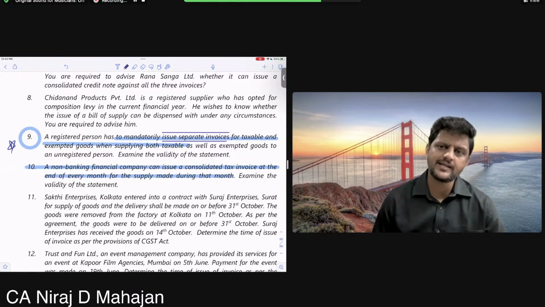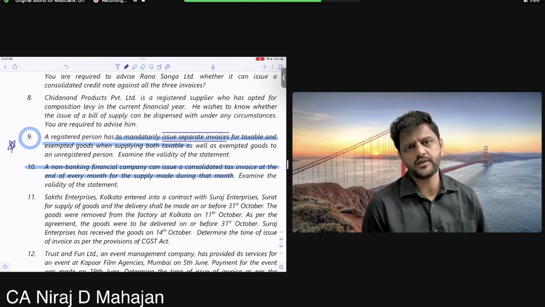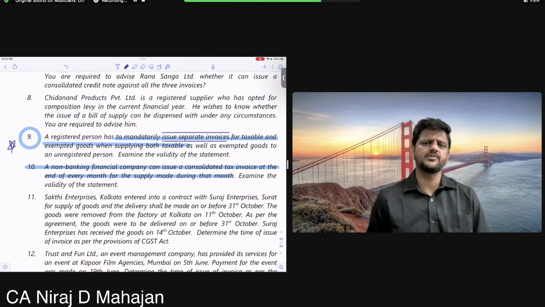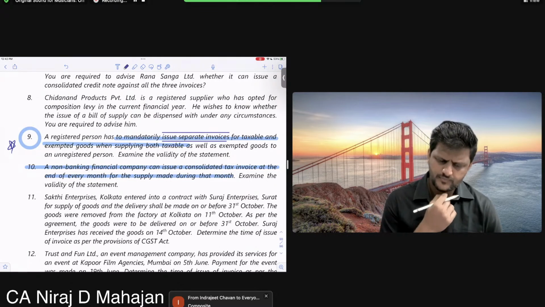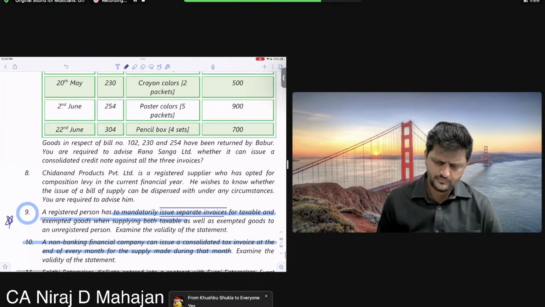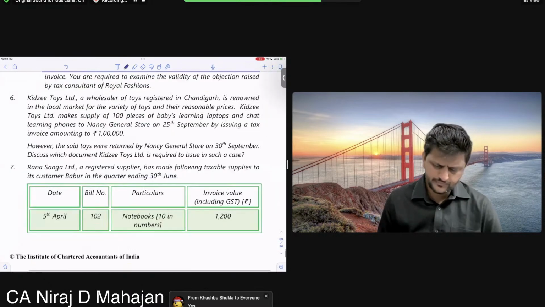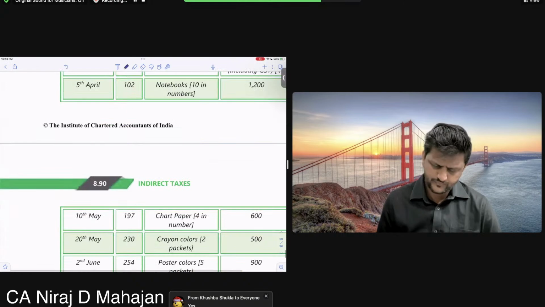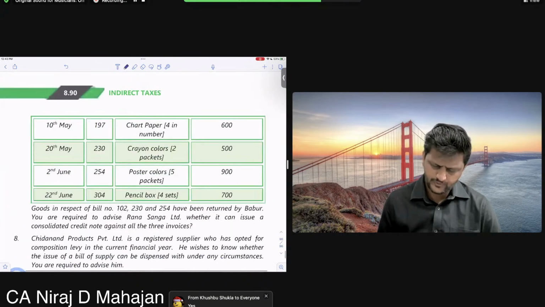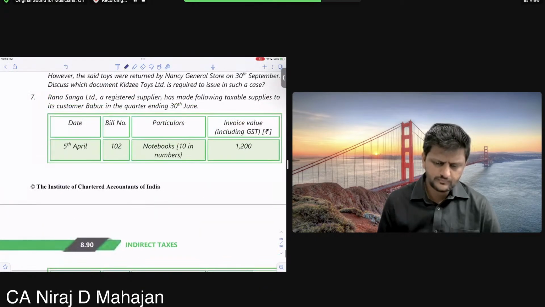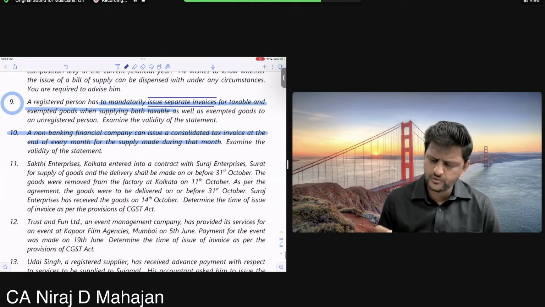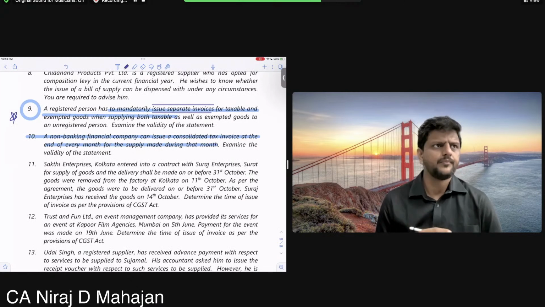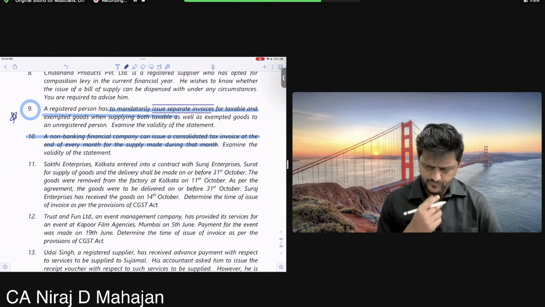So in such cases, he can mix both the invoices together, invoice cum bill of supply. Just now we did that, the last part we had done. Yes, it was a composite supply. So what is the answer for ninth? You can do bill of supply cum invoice. Okay.